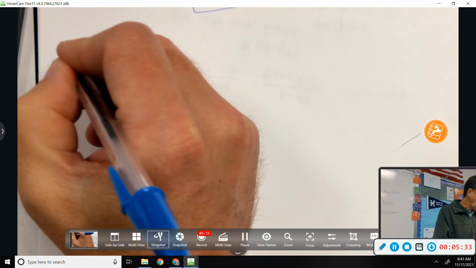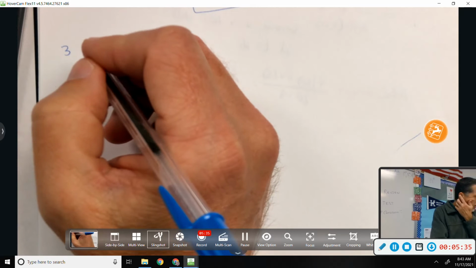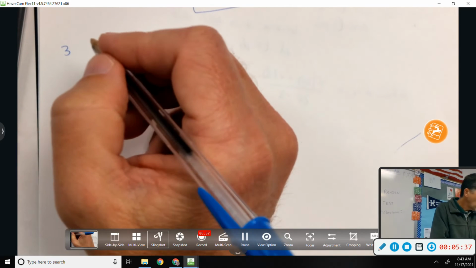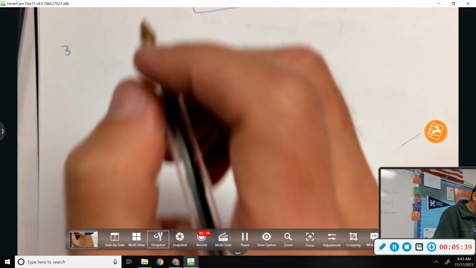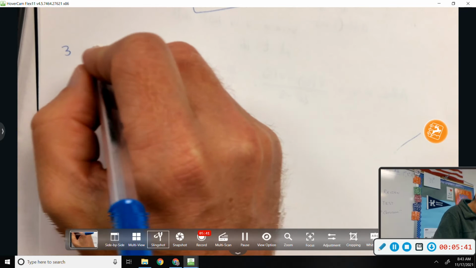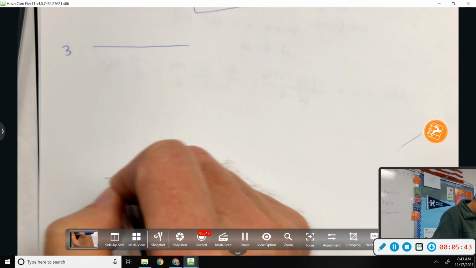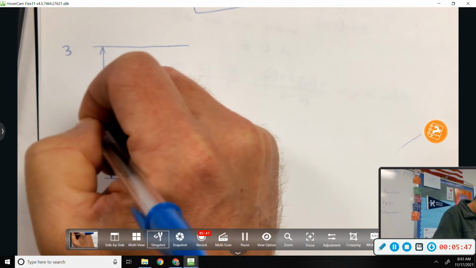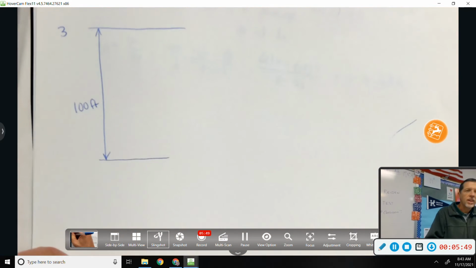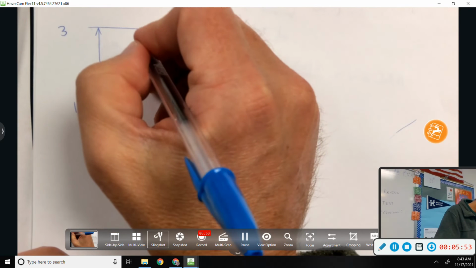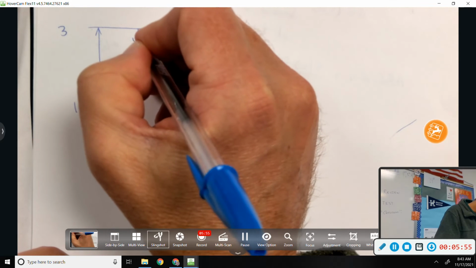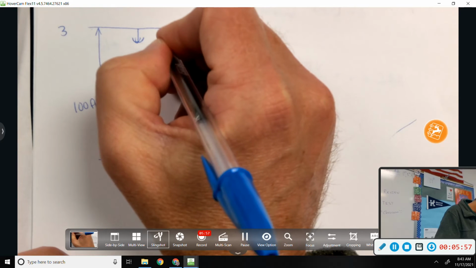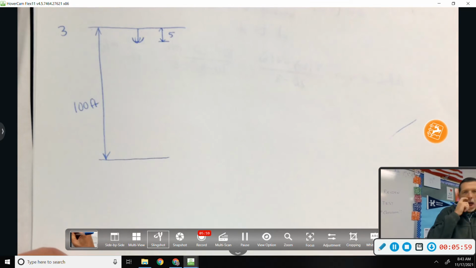Number 3. Suppose that a 5-foot chandelier falls from the 100-foot ceiling in the Capitol building. Okay, Capitol building is 100 feet tall. The chandelier is 5 feet, so it's a lovely chandelier there.